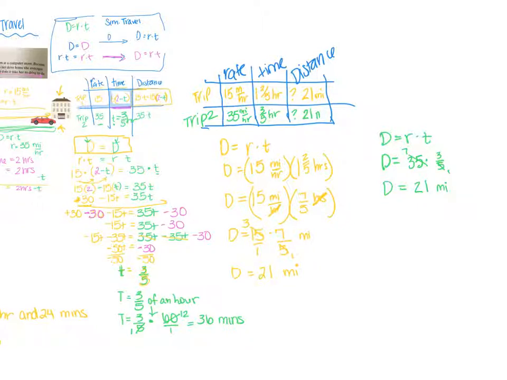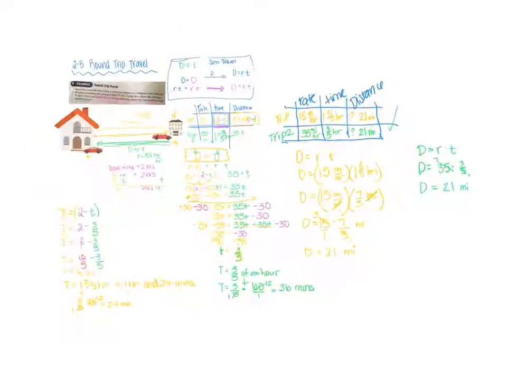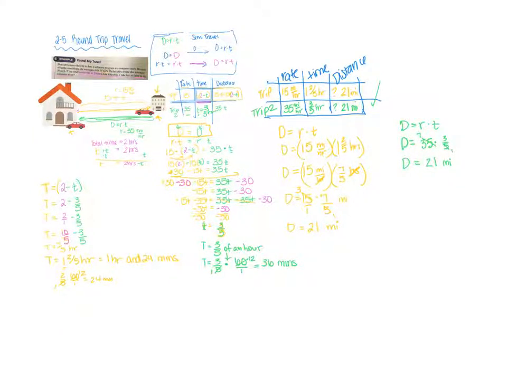Do my distances equal each other? Yes, my computations are solid. So this is how to solve a round trip travel problem. Set your distances equal to each other and then solve one t in terms of the other.